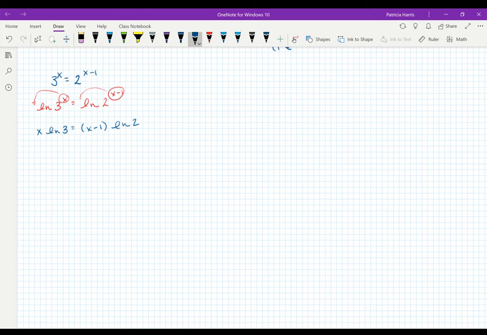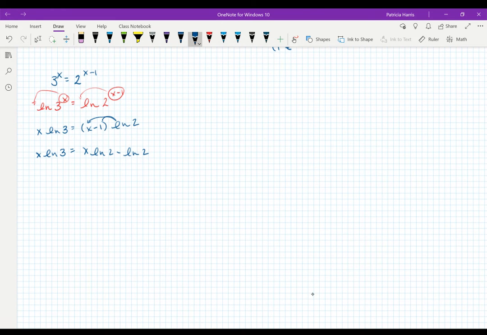Okay, now what we're going to do is distribute on the right-hand side. So we get natural log of 2 times x, and then natural log of 2 times a negative 1. Now remember, those are just numbers, so I can move them around.